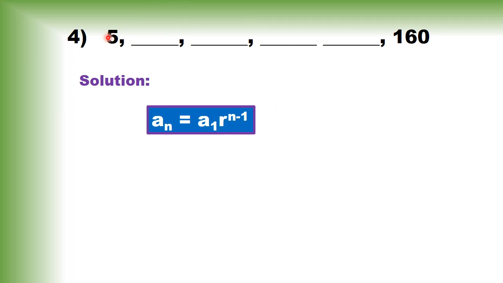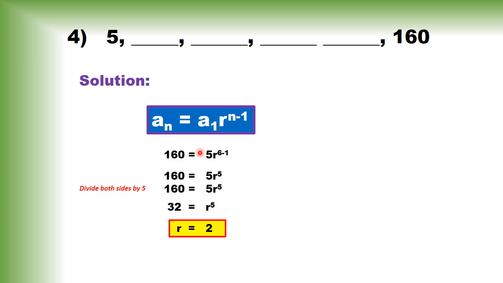So given ang first and last term at ang number of terms na 6: 1, 2, 3, 4, 5, 6. Let's plug in the values in the formula. So a sub n is 160, a sub 1 is 5, r is unknown, number of terms is 6. So we have 160 equals 5 r raised to the 6 minus 1.